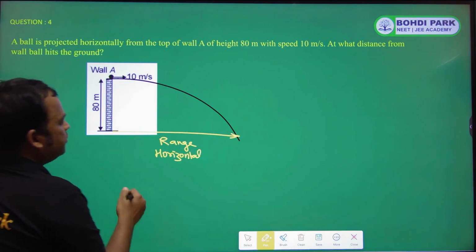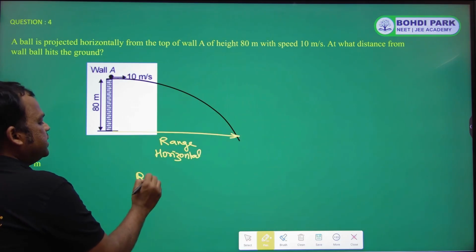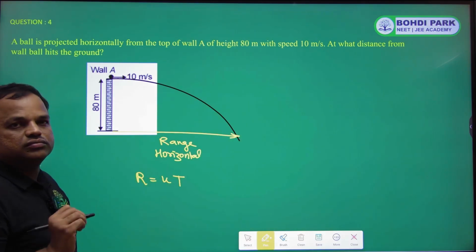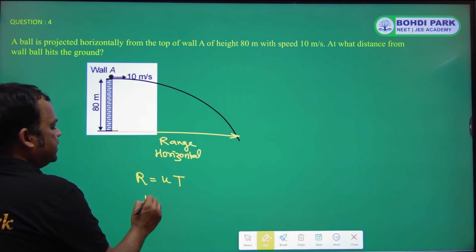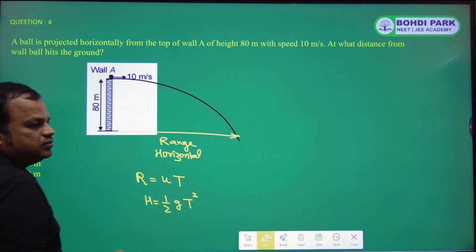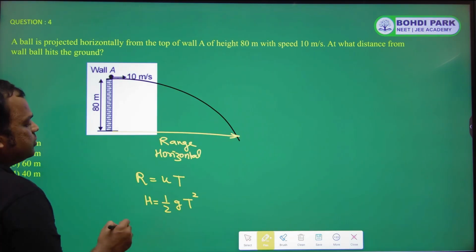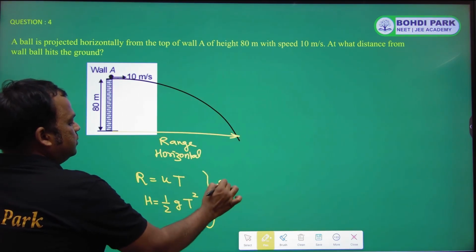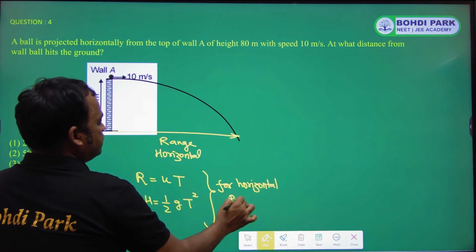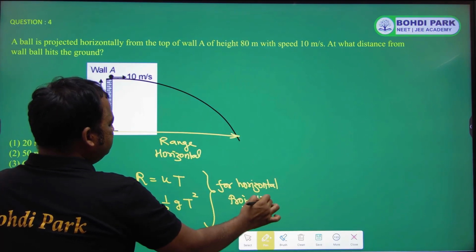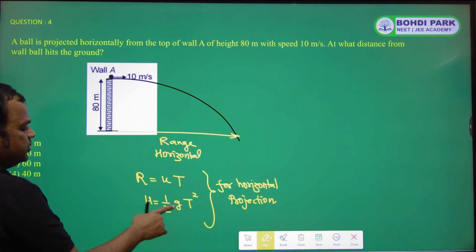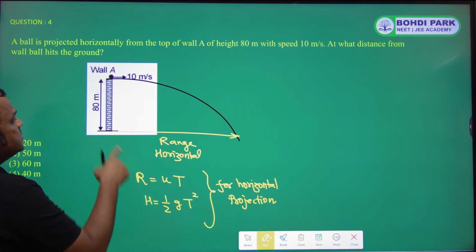So we have the formula for that. Range is equal to u into t, and h is equal to half g t square for horizontal projection. Clear? So let's calculate time from here. We'll put here h is given 80.